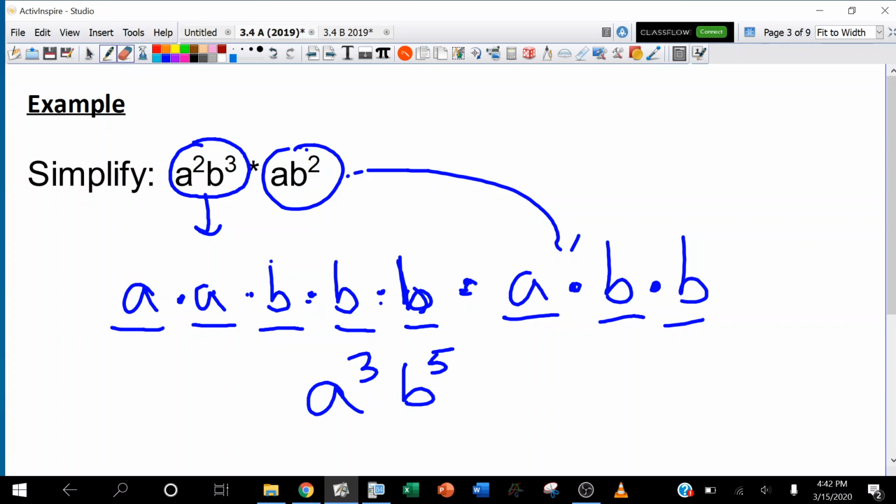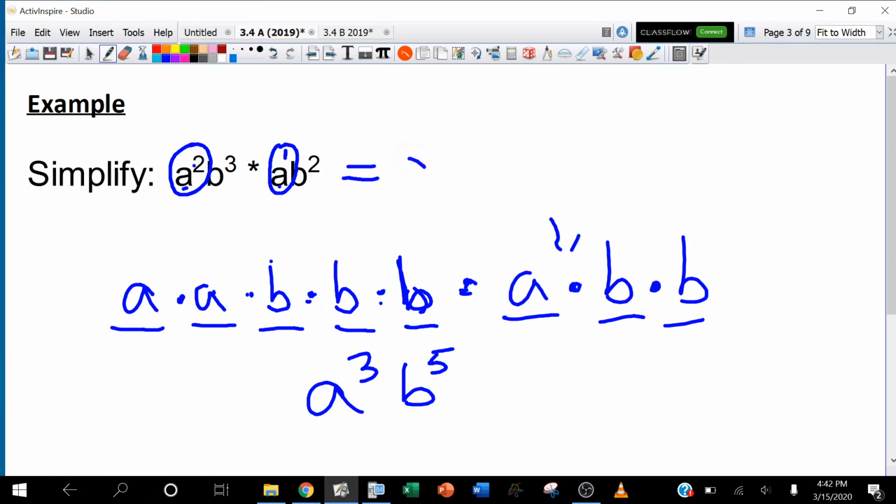Now, as far as shortcuts go with this, I'm going to apply the same sort of shortcut that I did with the previous example, but just notice with this, I'm going to stick to keeping a's with a's and b's with b's. If you take a look at this right here, I got a to the 2nd power, this is a to the 1st power. Because their bases are the same, the shortcut is I can add those exponents.